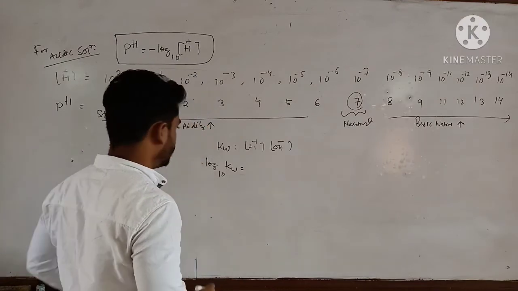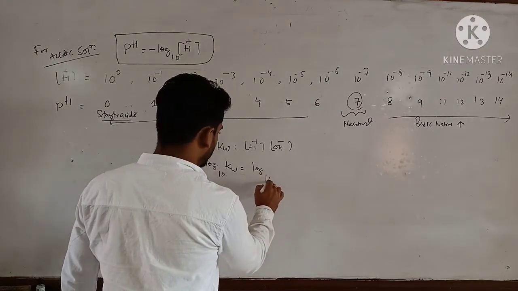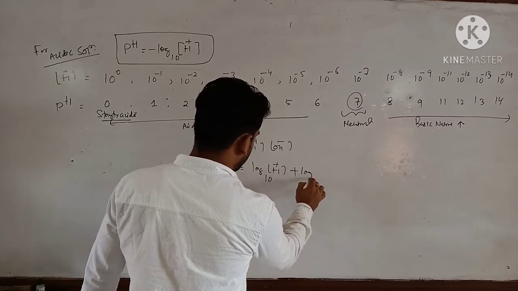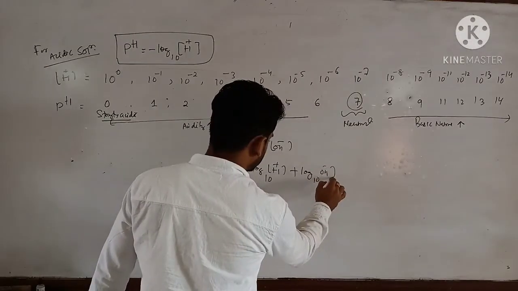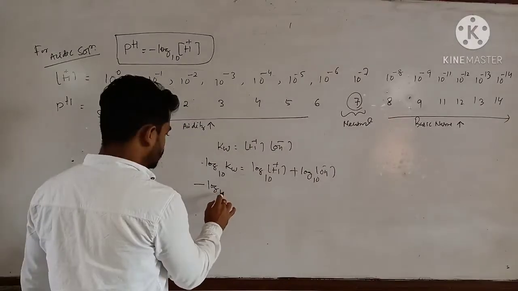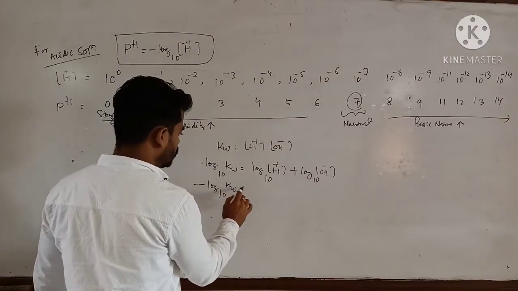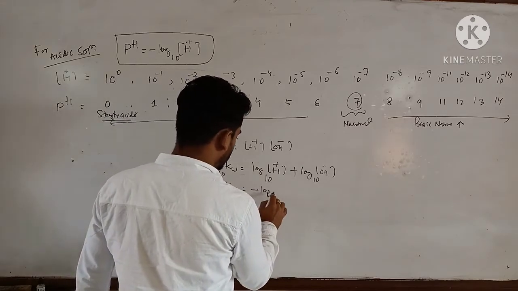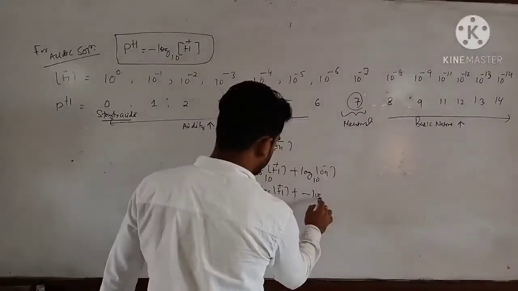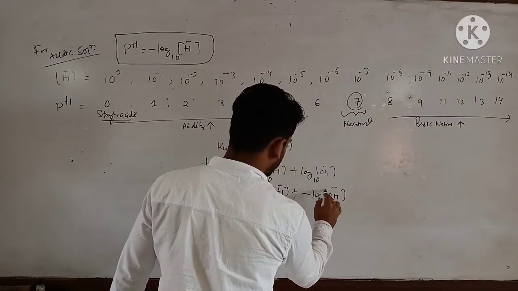Log 10 Kw will be equal to log 10 of H plus concentration plus log 10 of OH minus concentration. Taking negative on both sides, negative log 10 Kw is equal to negative log 10 of H plus ion concentration plus negative log 10 of OH minus ion concentration.